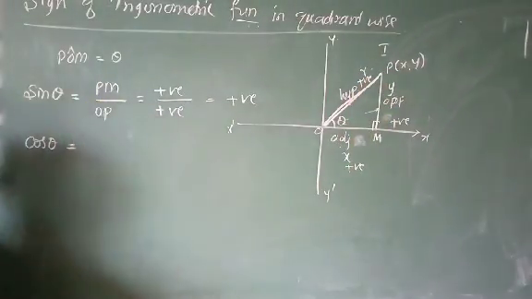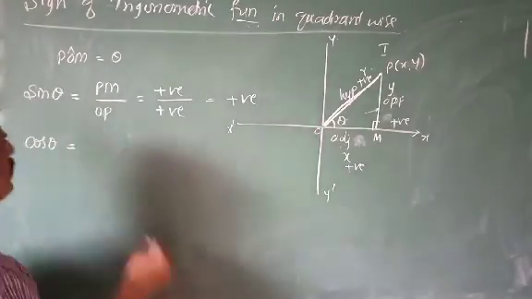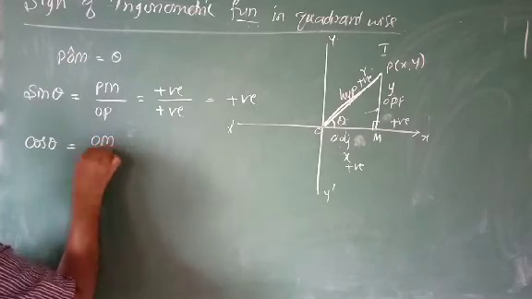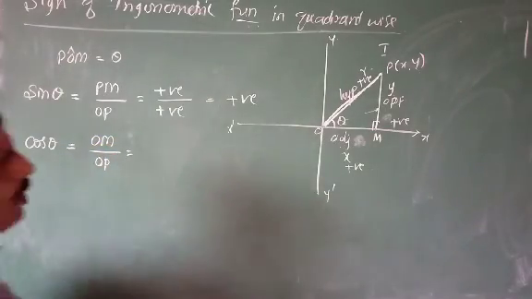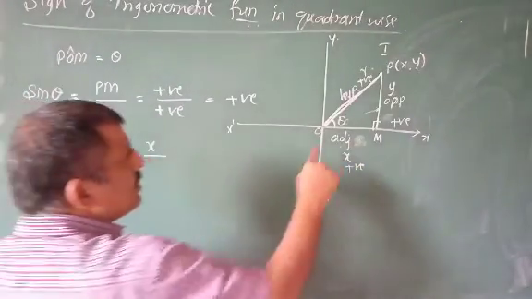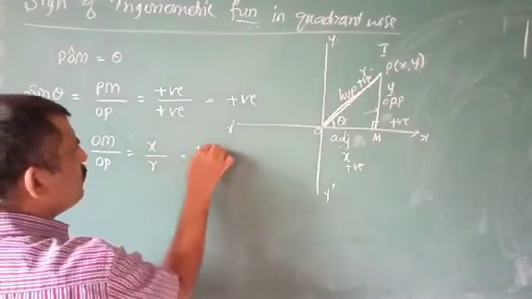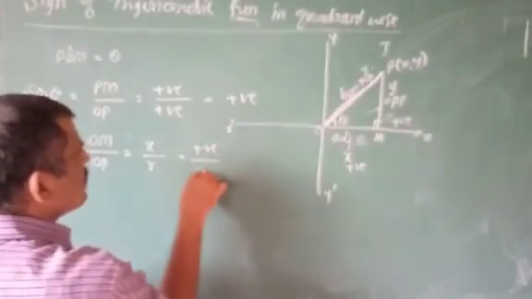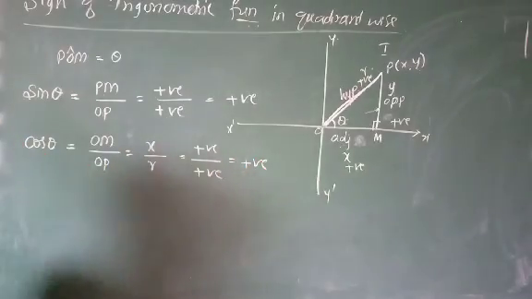Cos theta is OM divided by OP. OM is the adjacent side, x, divided by the hypotenuse, r. So x is positive and r is also positive, so positive divided by positive.